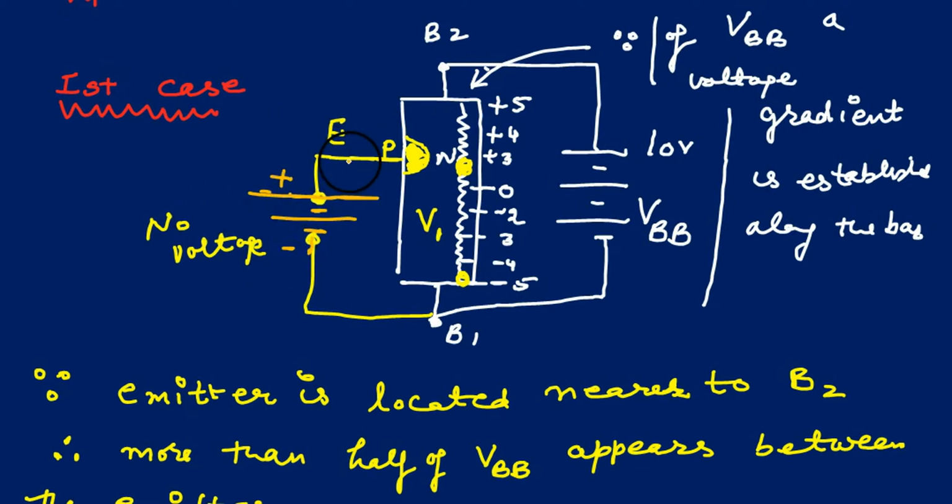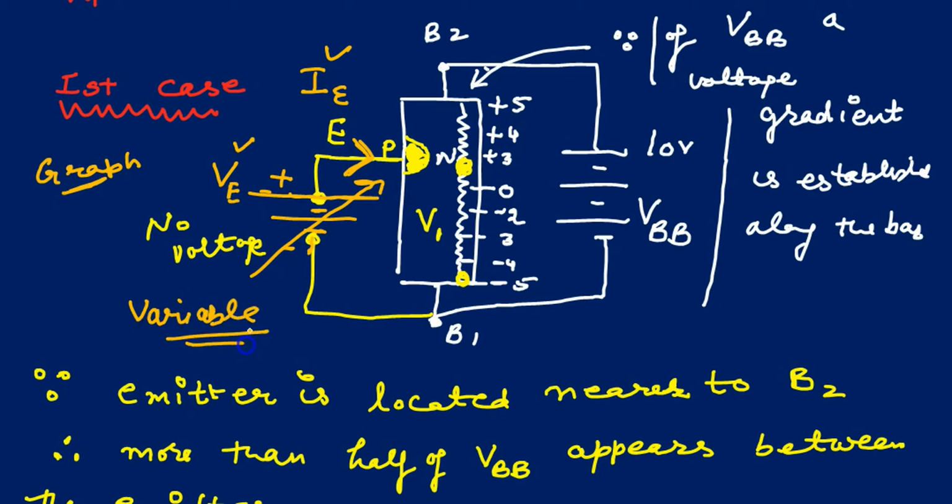So this is forward bias, emitter current, VE, IE. Now we draw the graph between VE and IE. VE is variable.